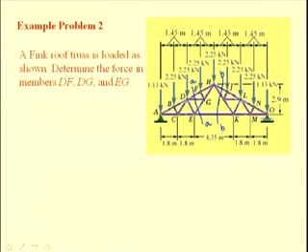So, let us try. Before solving this, we have to determine the reactions at A, which can be done by considering the free body diagram of the complete truss. Let us draw the free body diagram of the complete truss.